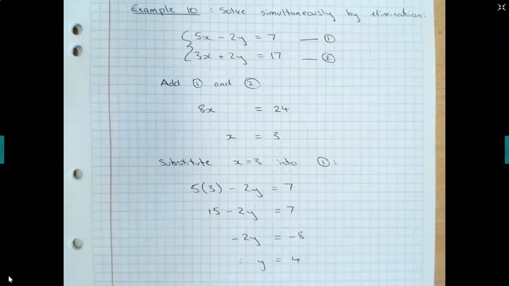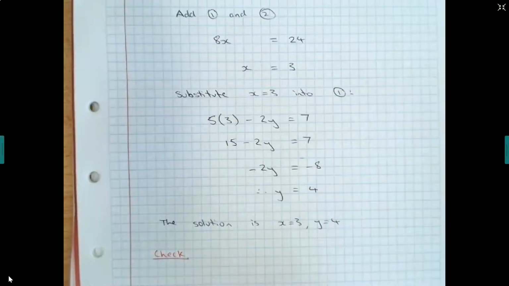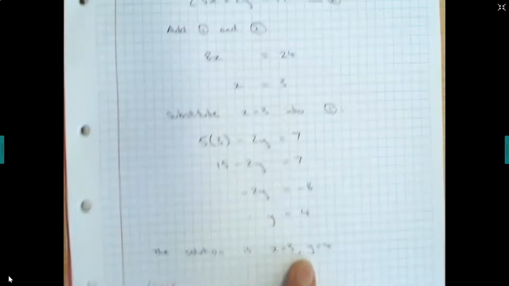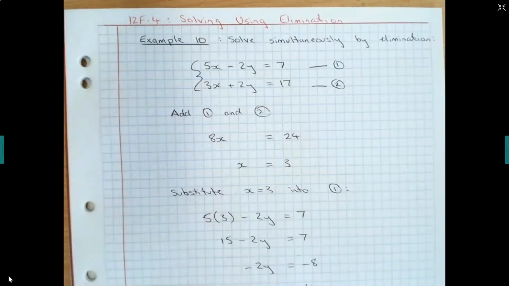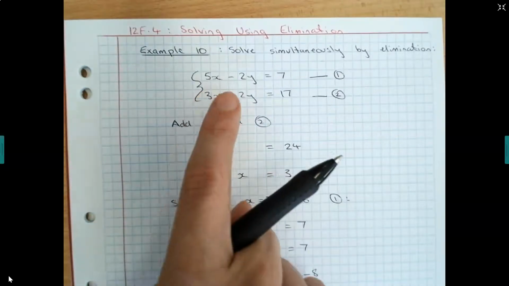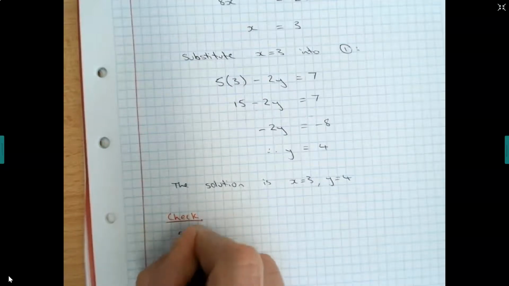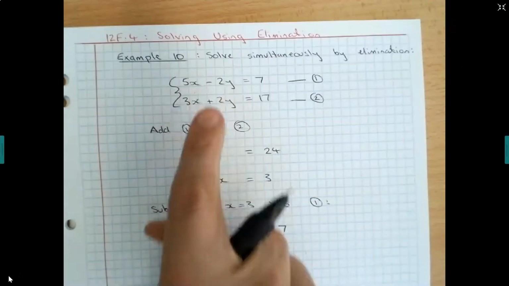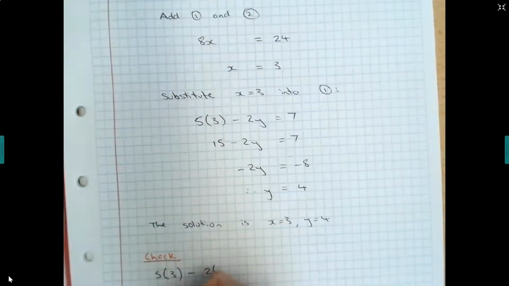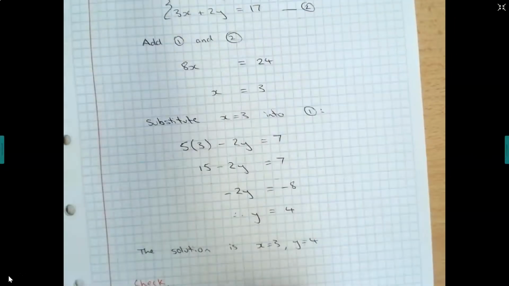Now once you've found a solution, you can do a quick sanity check. We can substitute these values into either one of these equations, and if they satisfy the equation, then we can see that we have determined the correct solution. So if I substitute each of those values into equation 1, I'll have 5 times 3 minus 2 times 4, which should be equal to 7.